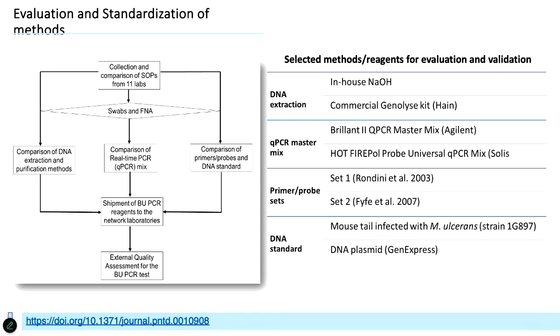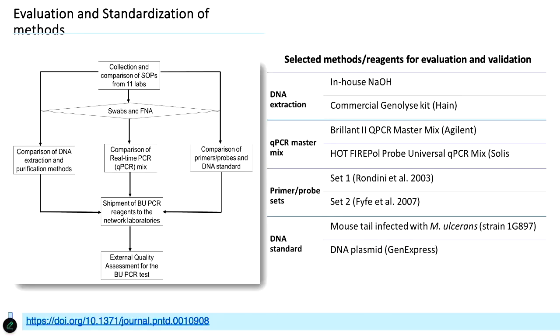Basically, what we did is, amongst the varied procedures used by the labs, we narrowed down to select 2 of each method, which we evaluated using swabs and fine needle aspirate samples of known M. ulcerans concentrations. We then went further to adopt one of these methods, which we validated for use by the labs.